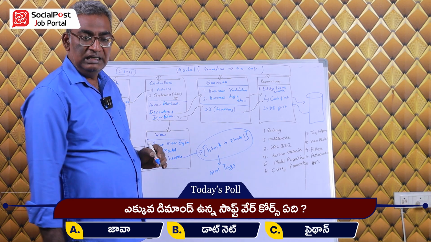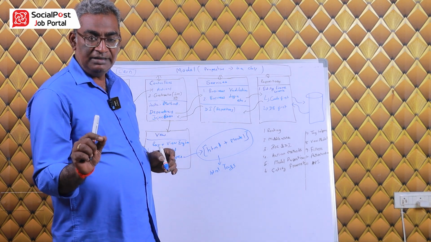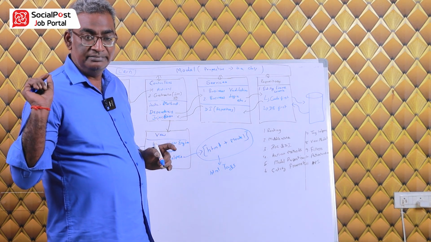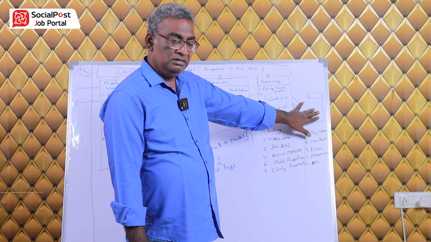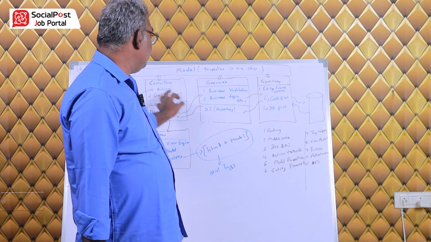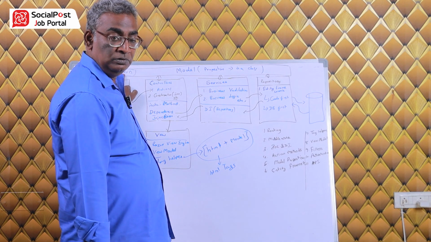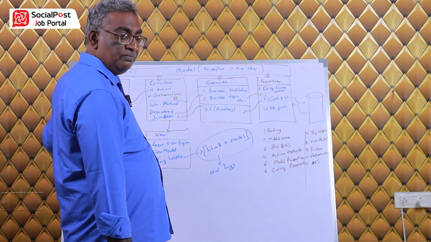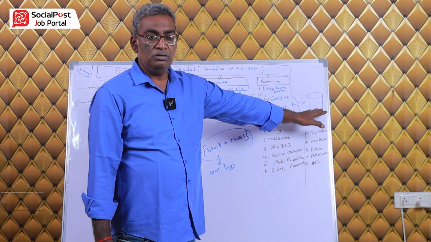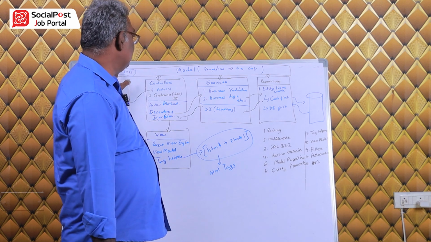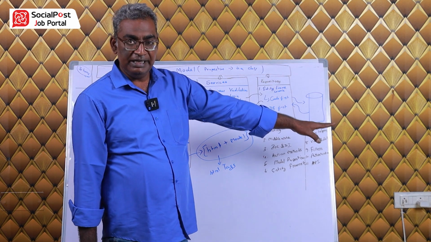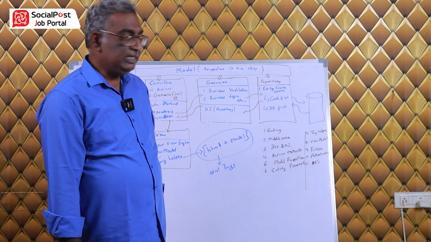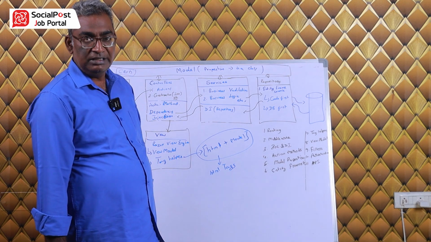When I say CRUD: create, read, update, delete. I want to read data from the database to the front end, so I am going to use the read operation. I want to create data from the front end to the back-end database, store data, so I am going to use create. I want to modify data, I'm going to use update. I want to delete data, I'm going to use the delete operation.